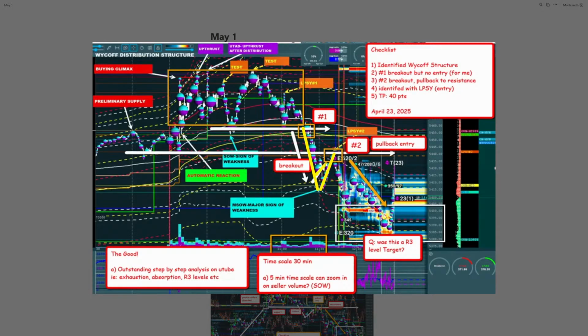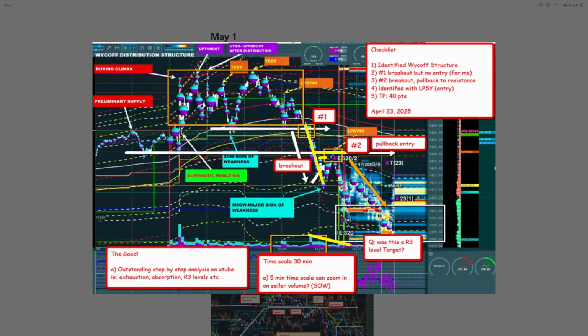There's actually a little one here, and then it does it again, but the pullback back up to here, just above this little swing here, look at the volume down here. You can see the divergence, right? It's on low volume, and this is high volume here.